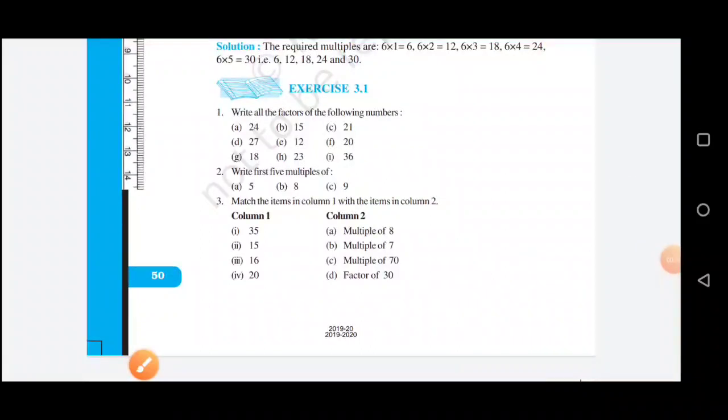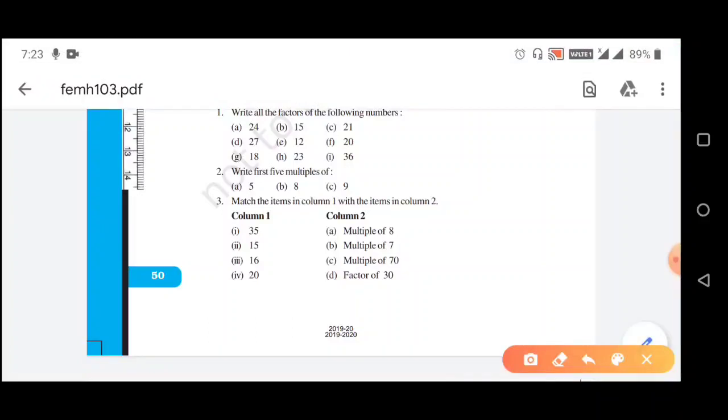Exercise 3.1, question number 3. In question number 3, we have to match the items of column 1 with the items in column 2. First of all, in column 1 it is given 35. From column 2 we have to match it with one of the options. Here we can see point B is written multiple of 7 and point C is written multiple of 70.